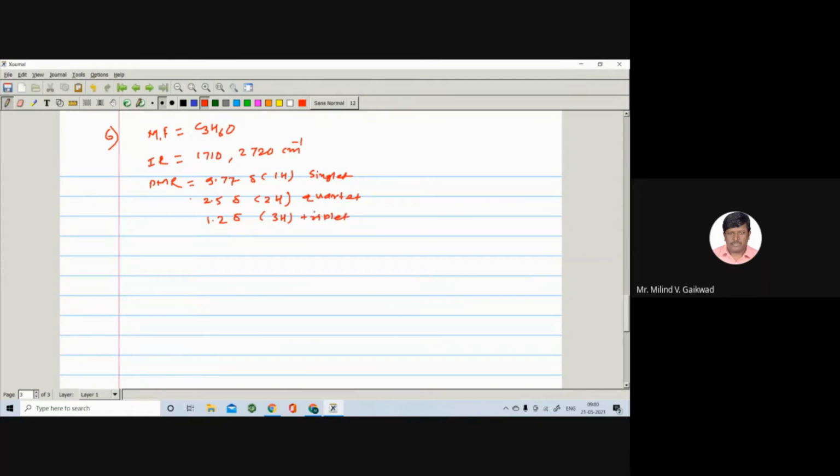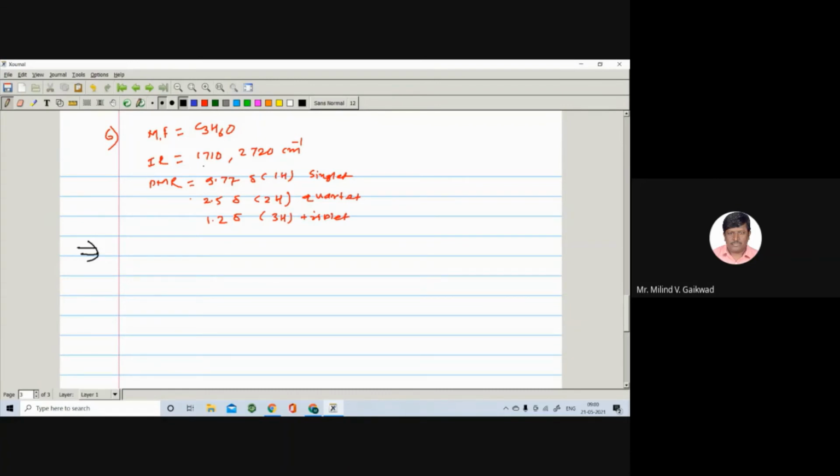So the data is given, and you have to find out the structure of the compound. This is a very important question. They ask 3 questions on this, giving the data, and you have to write down the structure. Firstly, look at the data. The formula is C3H6O.